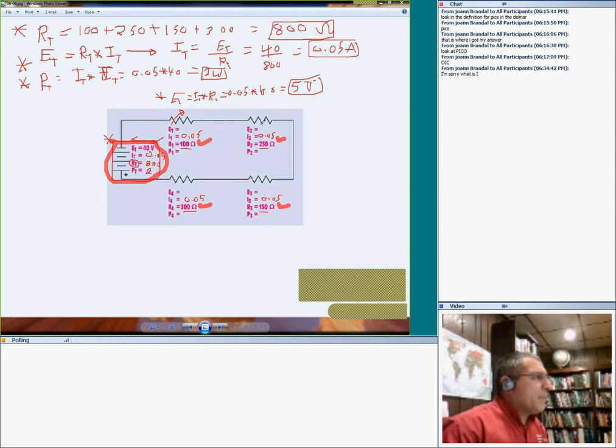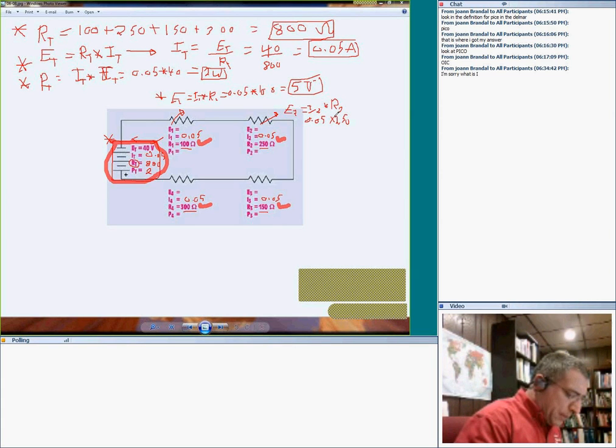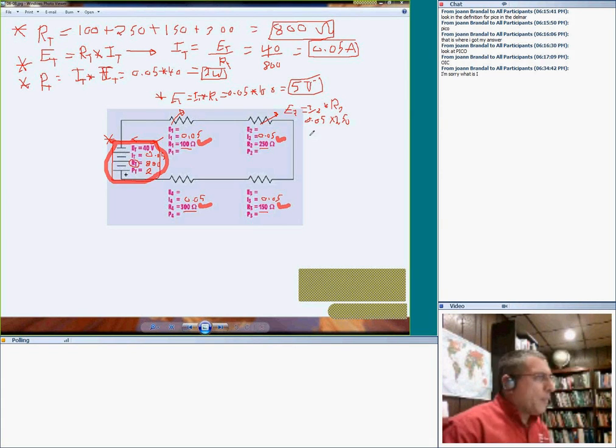You do the same thing here. You take E2 equals I2 times R2, and Chad, you're going to say 0.05 times 250. So 250 times 0.05 equals 12.5. This one is 12.5 volts.